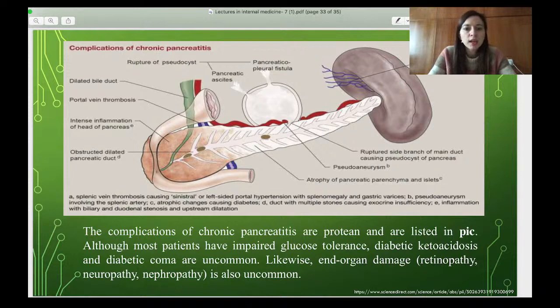Most patients have impaired glucose tolerance, while diabetic ketoacidosis and diabetic coma are uncommon. Likewise, end organ damage, retinopathy, neuropathy, and nephropathy are also uncommon.